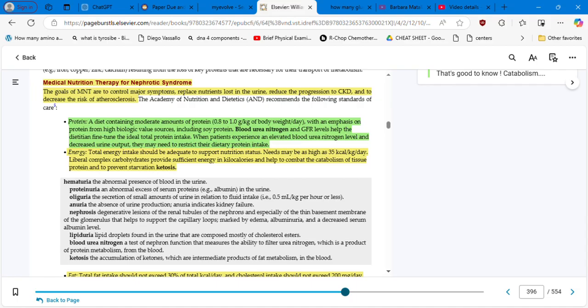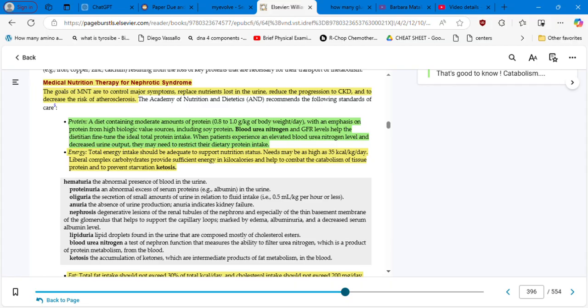Okay? Energy. Total energy intake should be adequate to support nutrition status. Needs may be as high as 35 kilocalories per kilogram per day. Liberal complex carbohydrates provide sufficient energy in kilocalories and help to combat the catabolism of tissue protein and to prevent starvation ketosis, right?